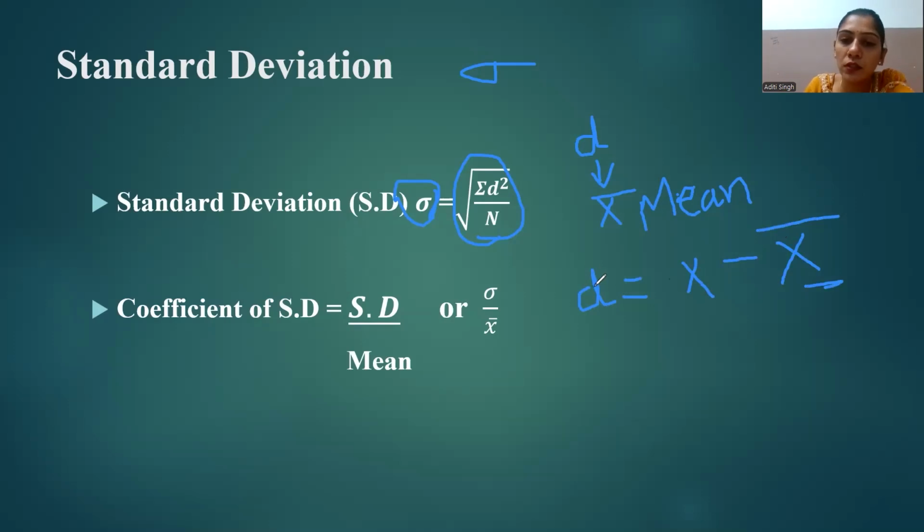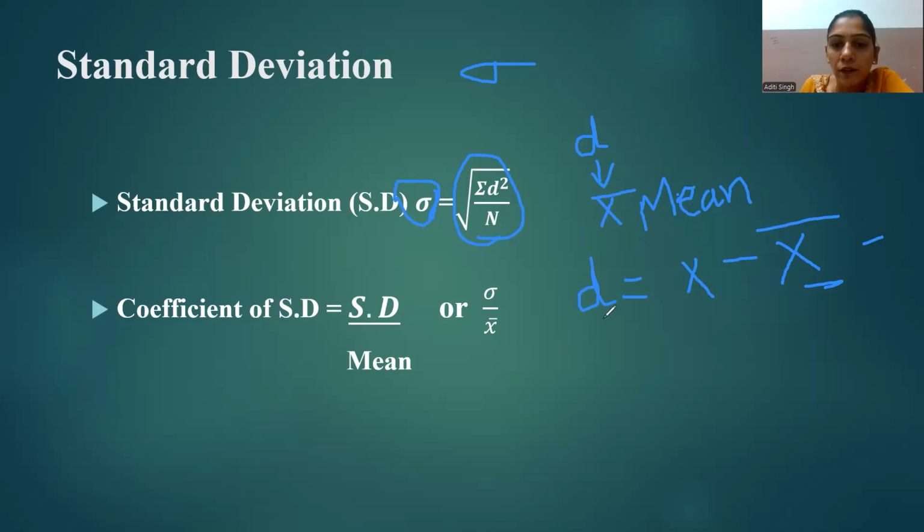So this is how we calculate the value of d. First of all, we have to calculate the arithmetic mean for the given series. After that, we calculate the value of d, for which the formula is x minus x bar, where x bar is mean. I have already told you that we denote mean with the sign of x bar.